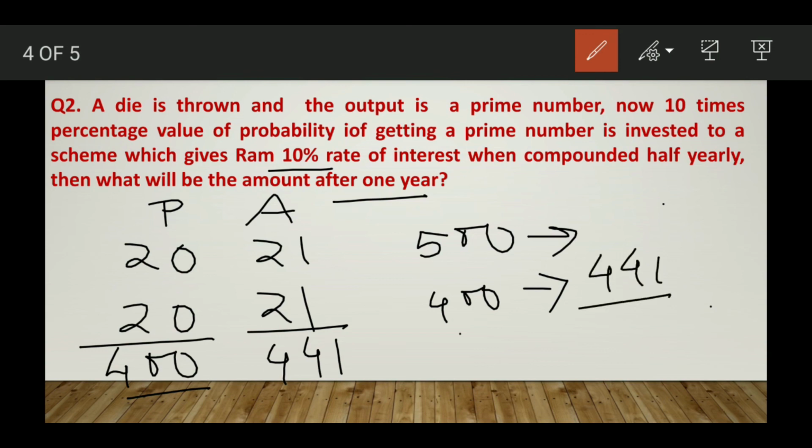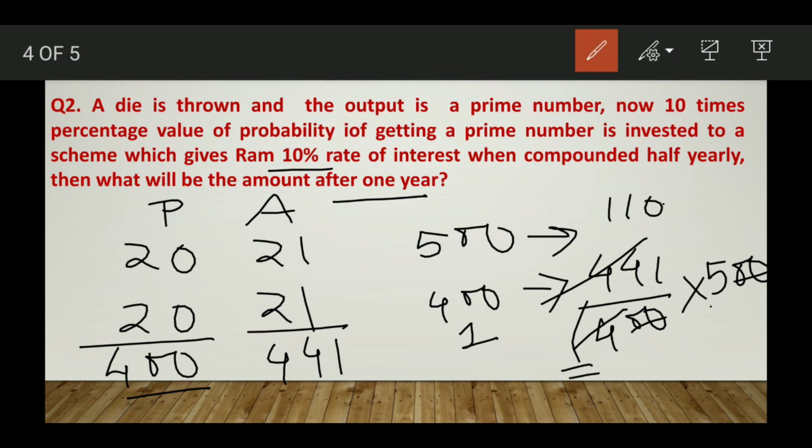Therefore for 1 unit of principal, we will be getting this much amount, and for 500 rupees as principal, our amount would be this one. If we write it approximately, it would be like 110. Therefore we will be getting 5 into 110, that is 550 as our answer.